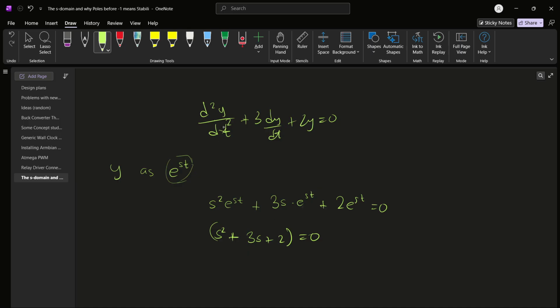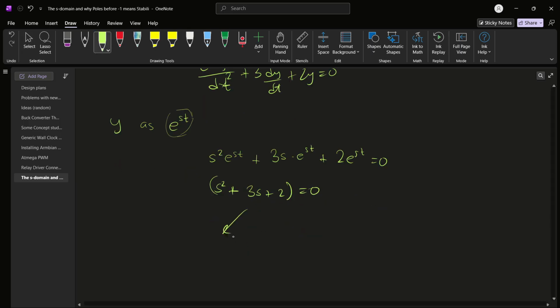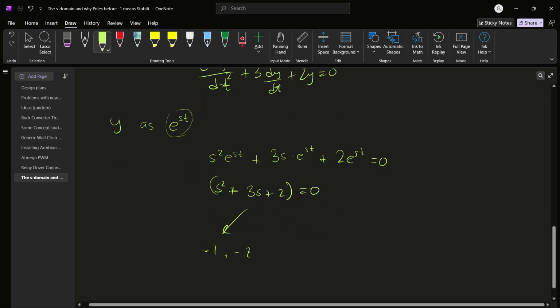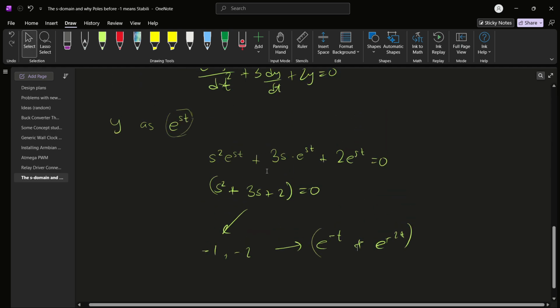Differentiating e raised to st gives this, and d squared y by dt squared gives this, 2y is this, and when taken common, this is quite literally a quadratic equation. And what are its roots? It's -1 and -2, and what does this indicate? e raised to -t plus e raised to -2t is your description of this particular system. That's again quite amazing.